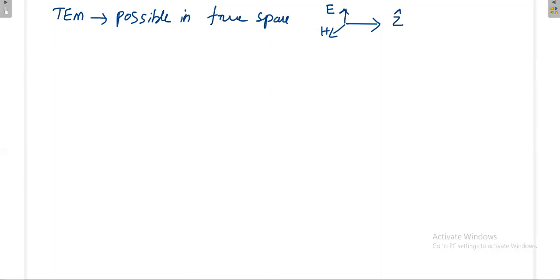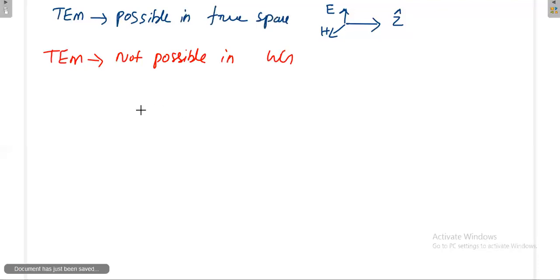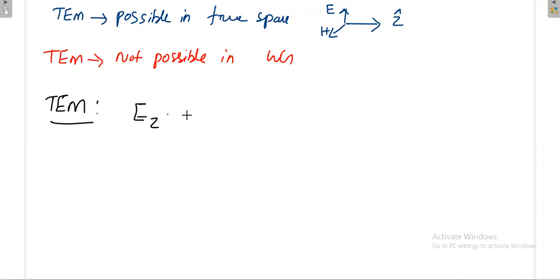TEM is not possible in a waveguide. Why is it not possible? Say for example, what is TEM? The moment you put transverse electromagnetic field, it means Ez is equal to 0 and Hz is equal to 0.